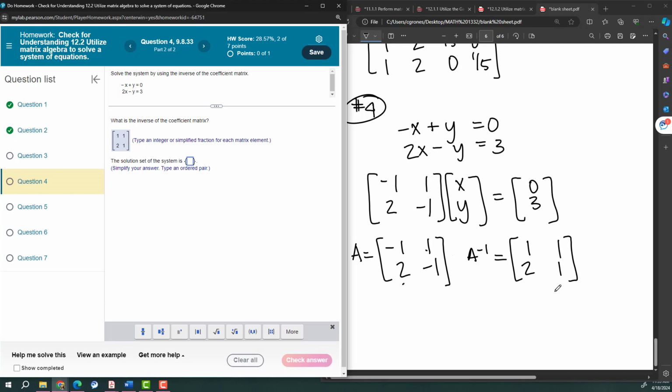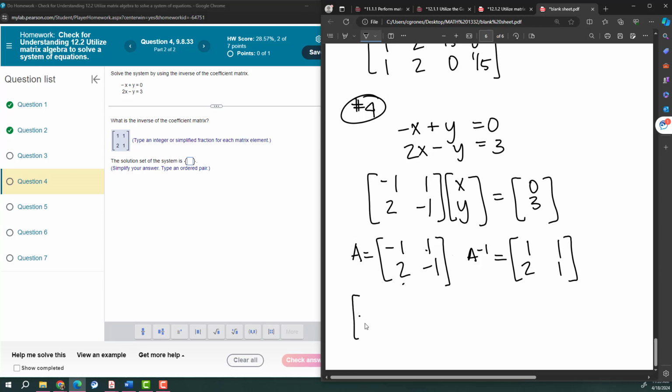The next part it asks about is the solution set of the system. So to find this, you are going to take your inverse matrix, so 1, 1, 2, 1, and you'll multiply it by your last matrix on the end.